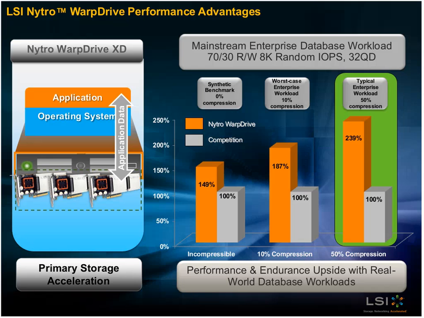But if you just apply 10% compression, that 50% margin goes to almost 200% faster than our nearest competitor. And at 50% compression, we outperform our competitor dramatically. And that has everything to do with the type of NAND flash management controller on your flash device itself. So in a Warp Drive XD environment, you could achieve high levels of performance and even higher with any type of compressibility to the data itself.